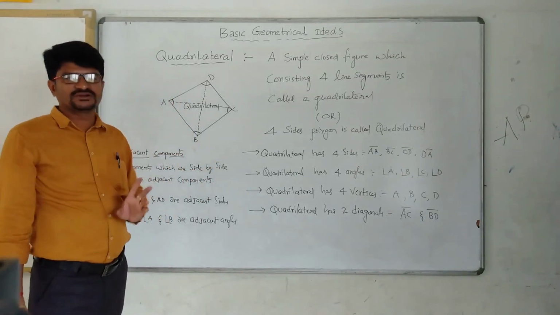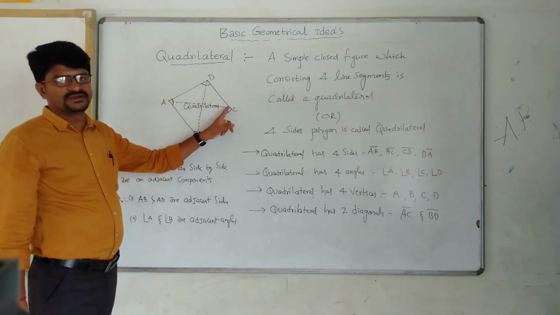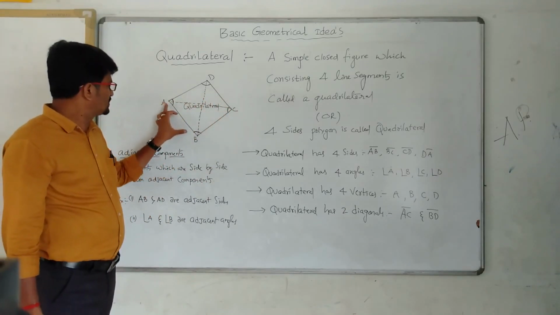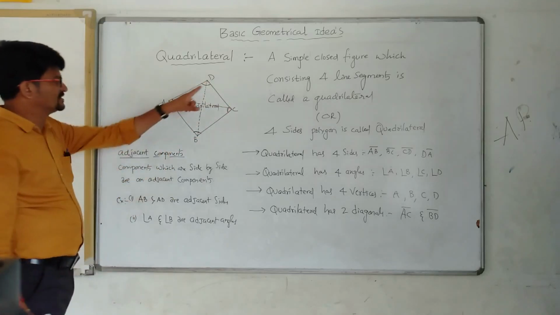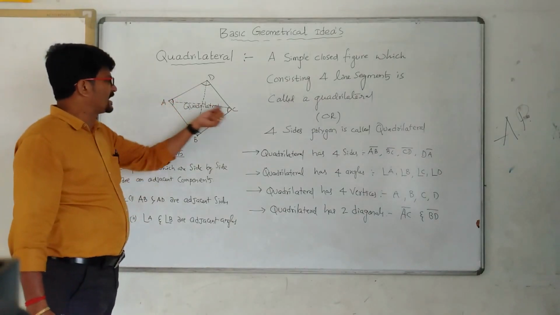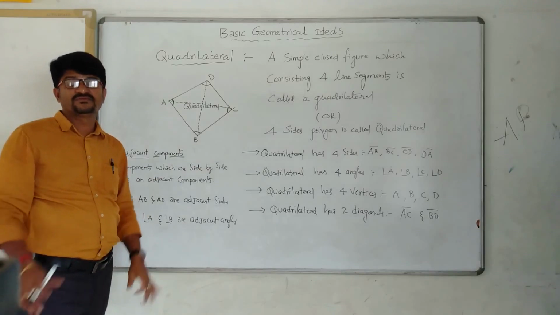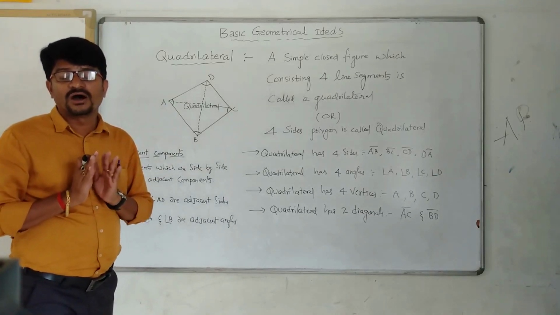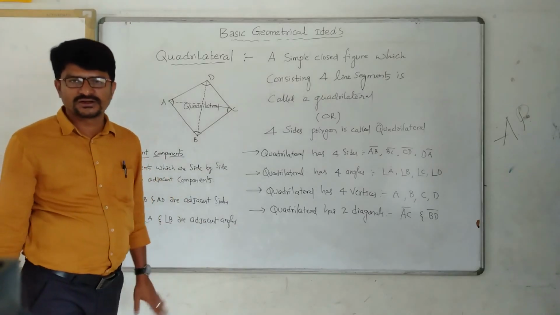Opposite, as I told you previously, means there is nothing common between them. For example, AB and CD are opposite sides, and angle A and angle C are opposite angles. For those opposite components, there is no common part at all.